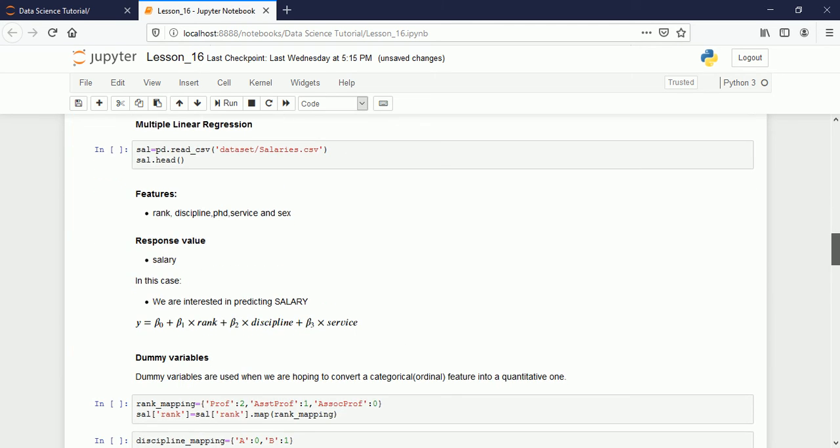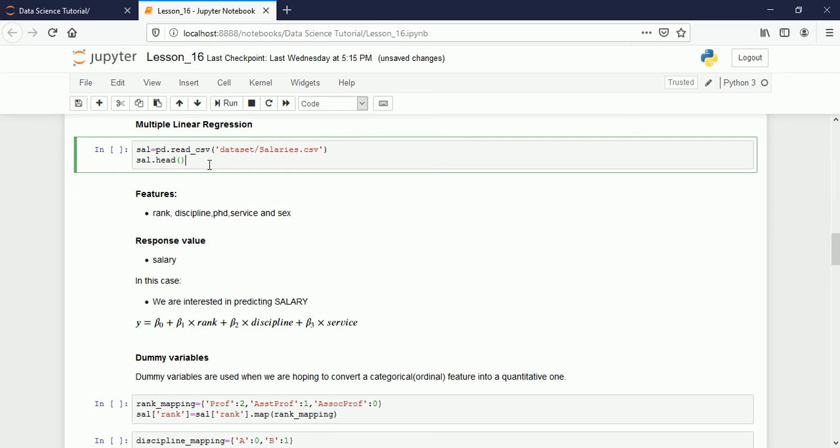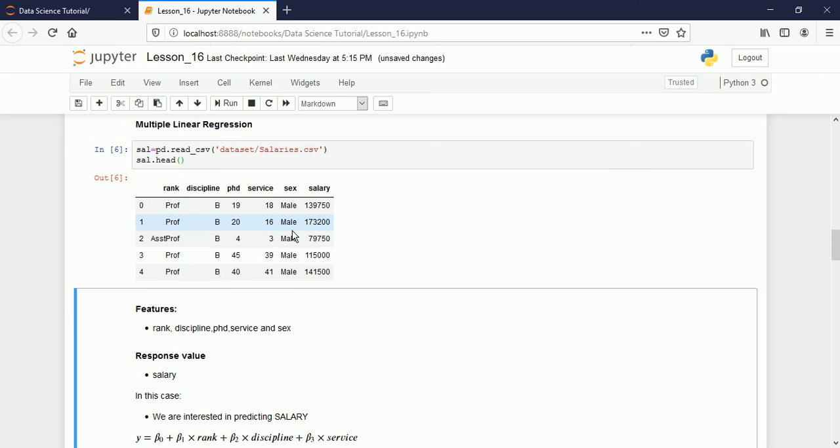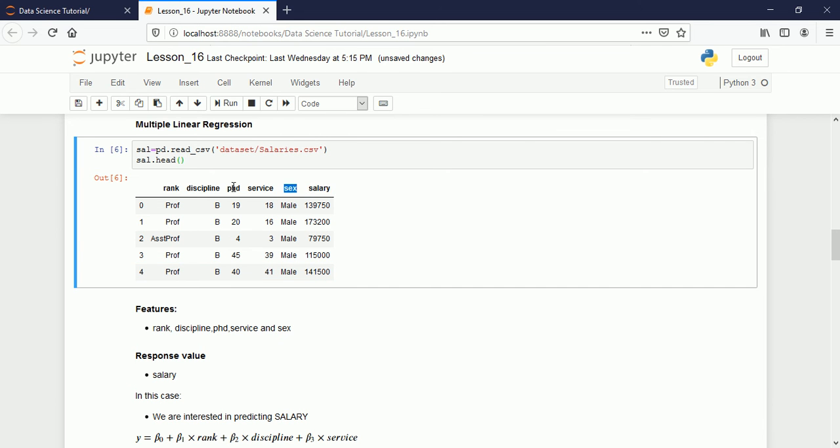Now let's see multiple linear regression. In multiple linear regression, we have more than one independent variable. Let me execute this part, and you will see this is the salary of employees, and the salary of an employee, friends, depends on these features.